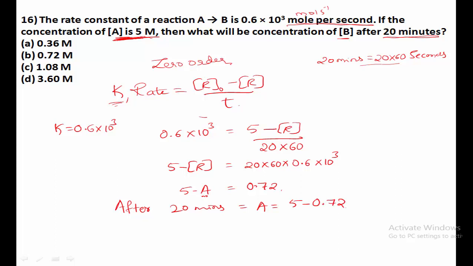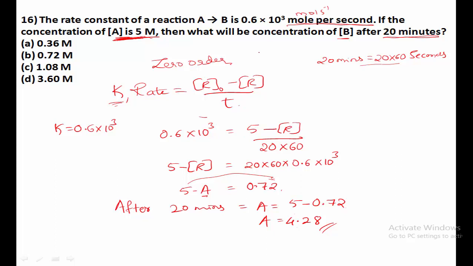Okay, so keep A here only, bring this 5 this side, 5 becomes minus 5, so minus, multiply here, so you will get 5 minus 0.72. Simple rearrangement I have done here. So what it will get? 4.28. So the concentration of A after 20 minutes, it becomes 4.28.